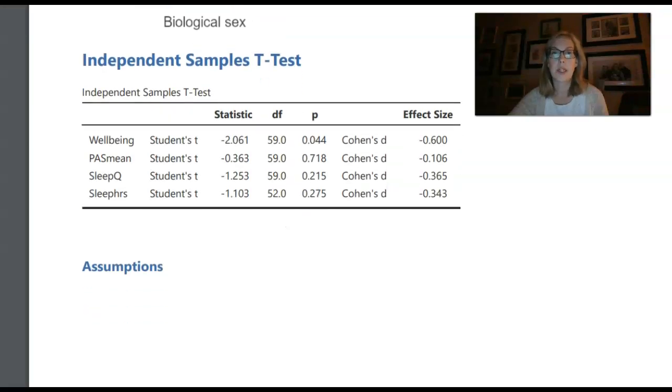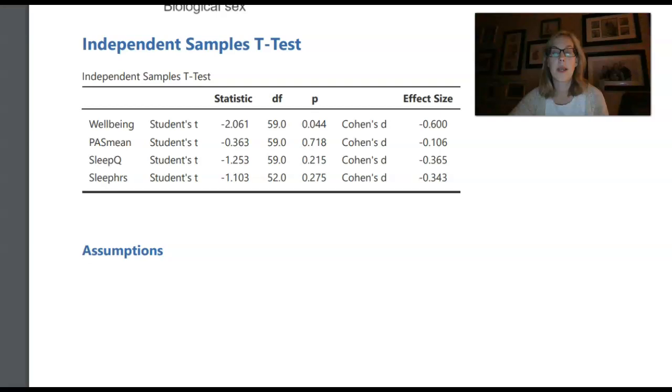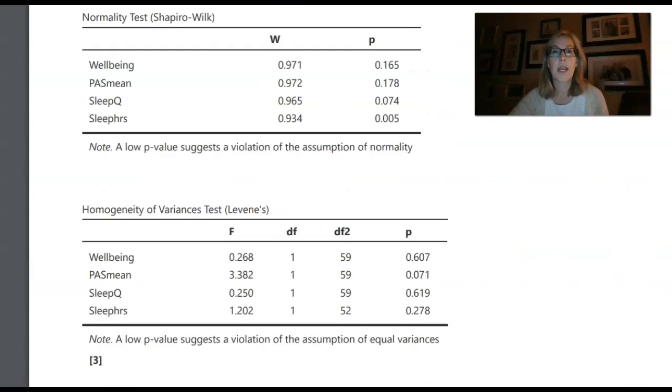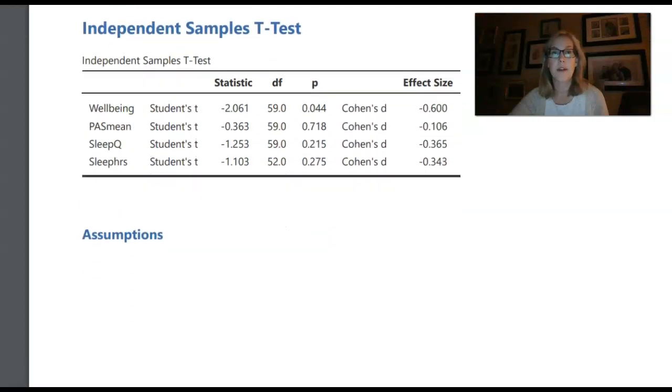The next section is, again, t-tests, but now these t-tests compare asynchronous versus taking some sort of face-to-face component. There was a question, what modality is the majority of your classes?